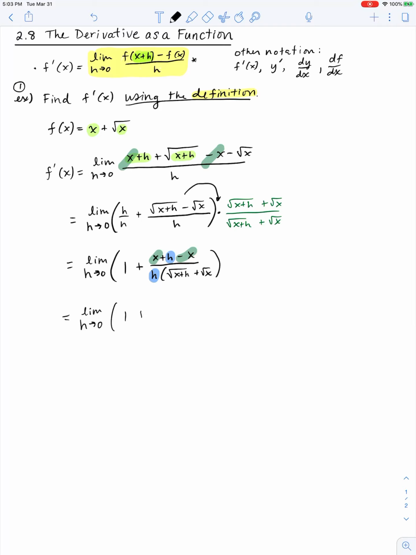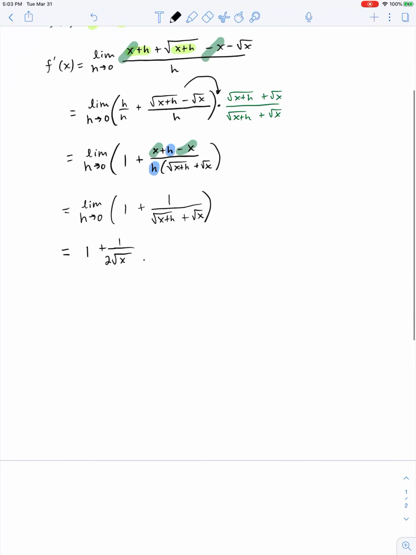We have 1 plus 1 over square root of x plus h plus square root of x. And now we don't have the problem we had before where we were dividing by 0. So when we put in 0 for h, we end up with 1 plus 1 over 2 times the square root of x. Okay.